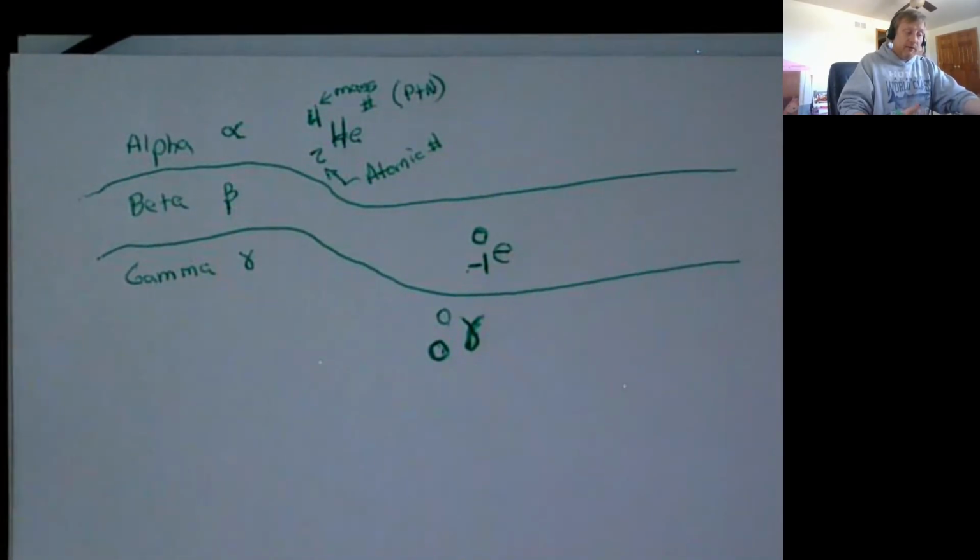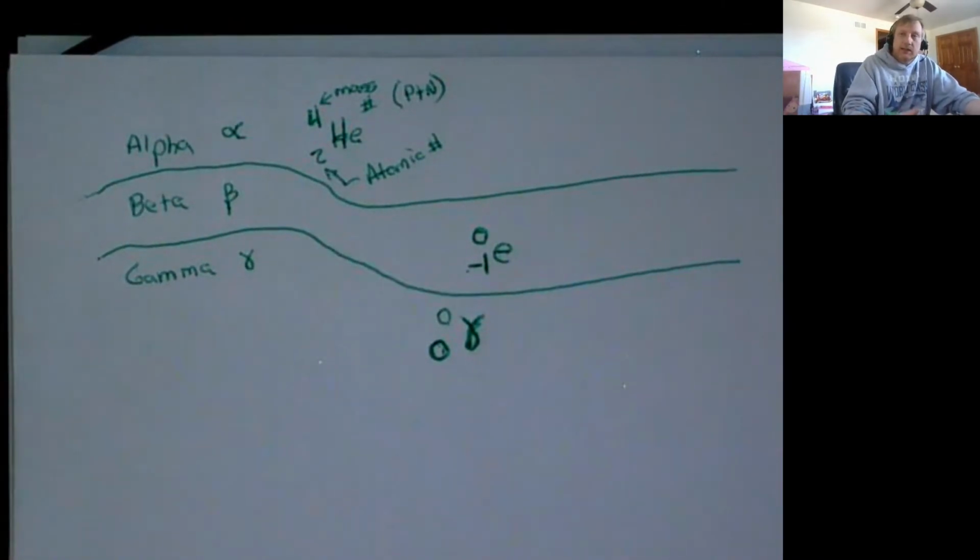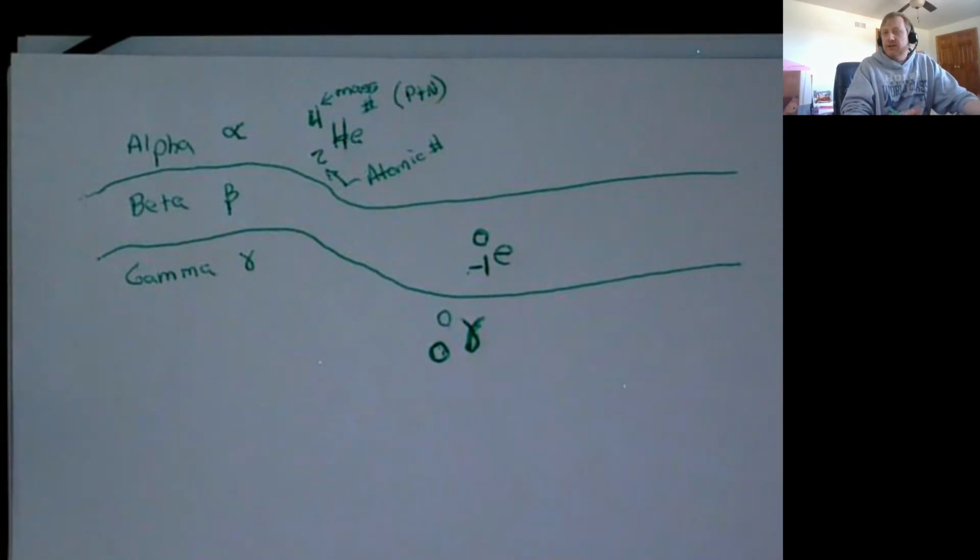Next up, we have beta emission. And beta is an electron. That's all beta is, an electron. Now, just like electricity, which is also the movement of electrons, beta radiation can be dangerous. Alpha can be dangerous too, but beta can be dangerous to even your skin.